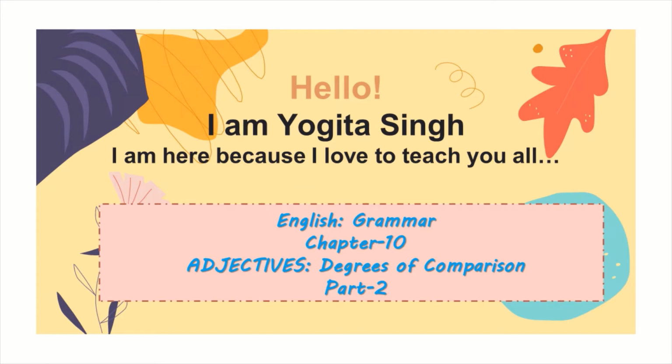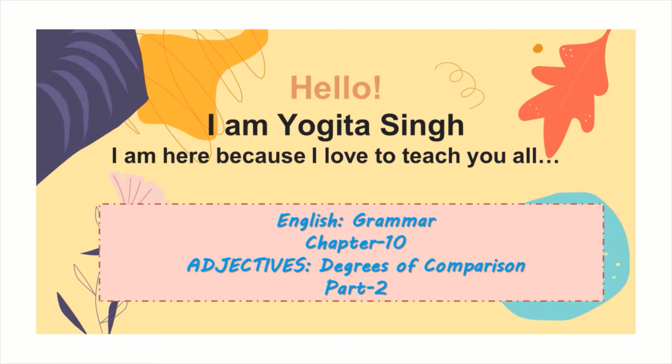Scholars, in our previous video, we already started chapter 10, that is adjectives, degrees of comparison, right? So today in this video, we are going to continue adjectives, degrees of comparison, means the same lesson. Scholars, do you remember what is adjectives and how many kinds there are for degrees of comparison? I hope you all remembered all these points, right?